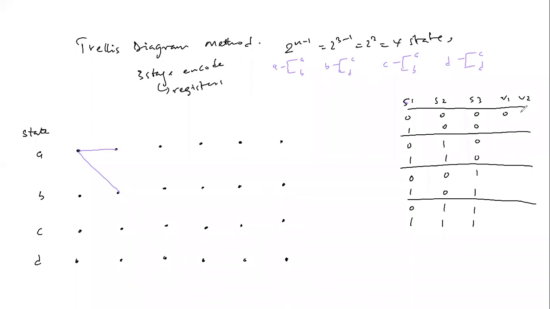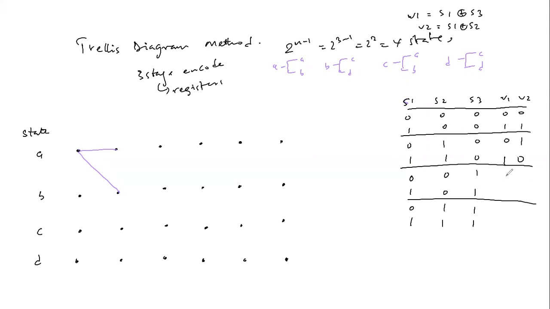This is 0, 0, 1, 1, and this is 0, 1. This is 1, 0. Using V1 is the same as S1 plus S3, and V2 is the same as S1 plus S2, by using the connection diagram.